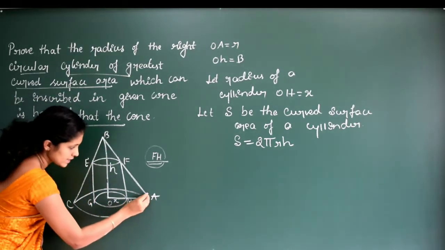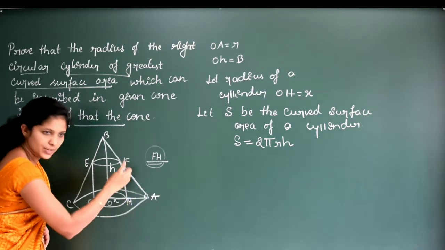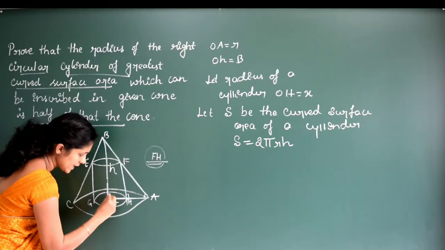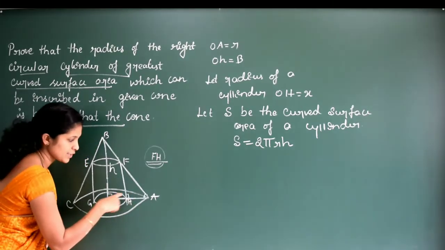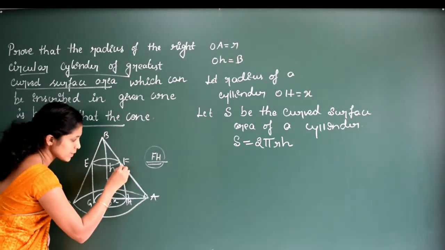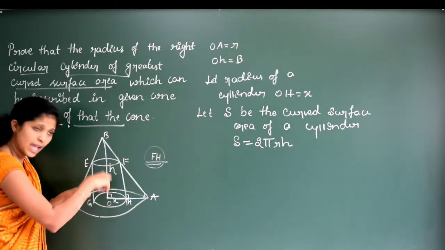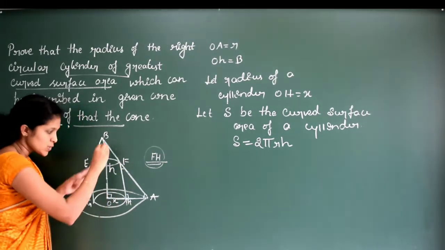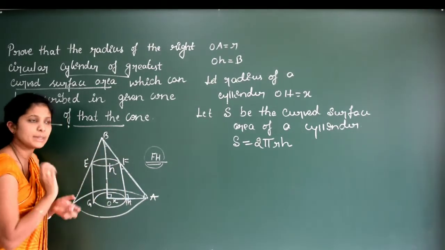Agree? See, this angle is common for both the triangles. See this one. So this angle is common and this will be 90 degrees. Obviously, if these two angles are the same, then because the total angle will be 180 degrees, this is also the same, right?